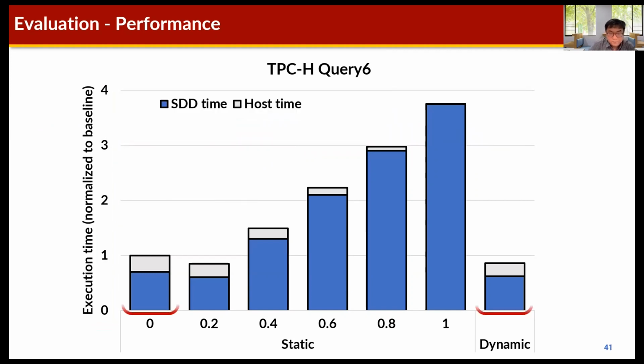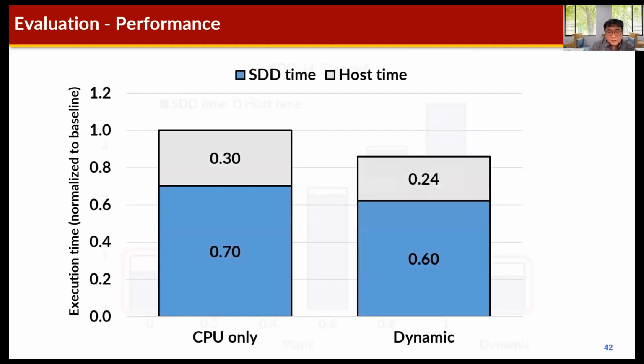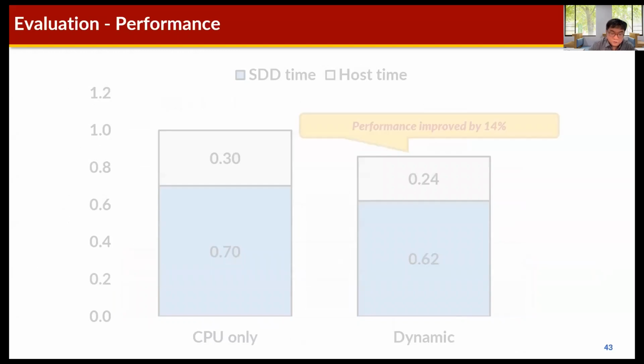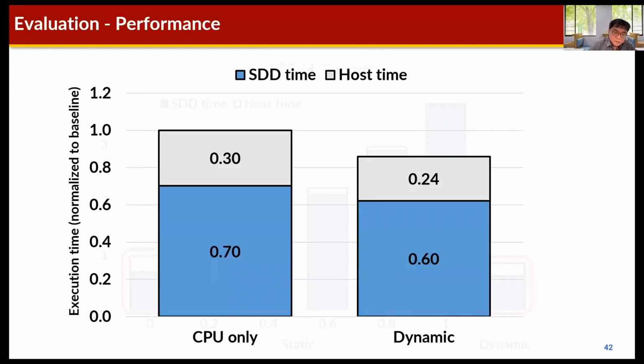So CPU only. You can find that when dynamic near data processing is applied by the summarizer, the performance is improved, meaning the execution time is decreased. If you see the detailed ratio, with CPU only, the SSD time is 0.7, so the SSD time is very large for this benchmark, and the CPU processing time is just 0.3.